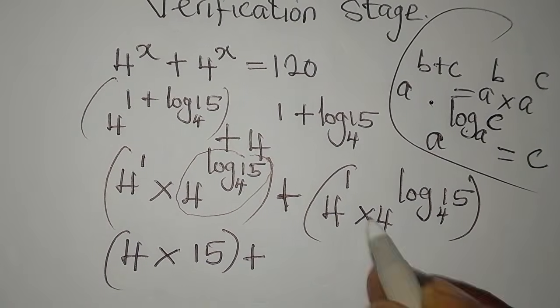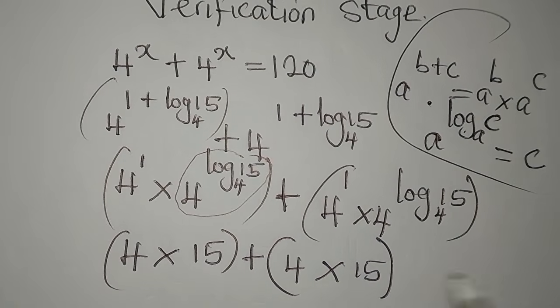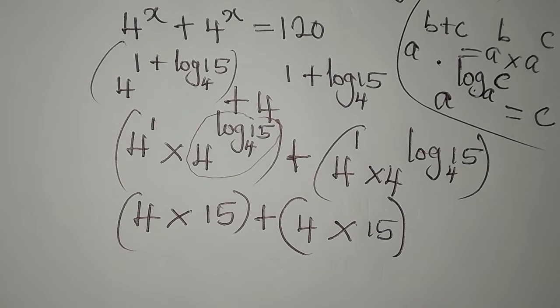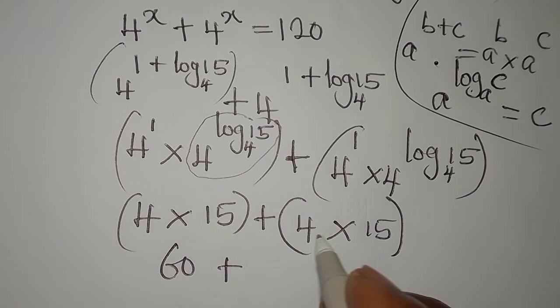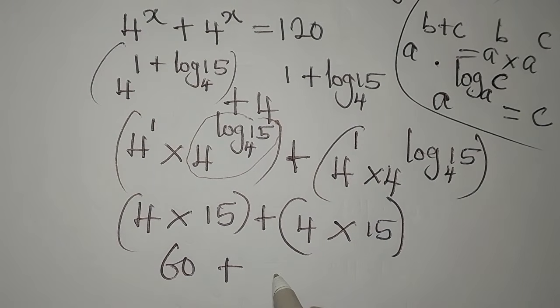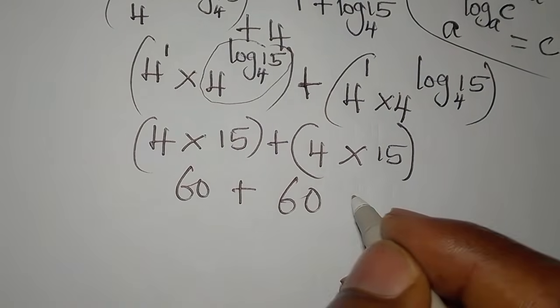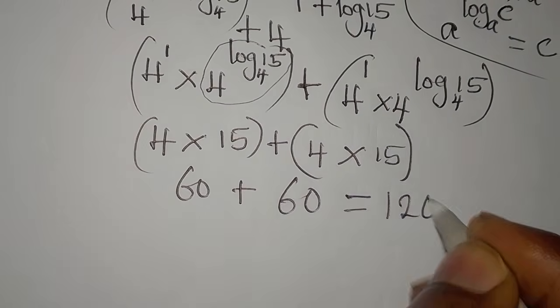Then plus, we have 4 multiplied by the same 15. And then 4 times 15 is 60. Plus another 4 times 15, which is 60. Now 60 plus 60 is 120.